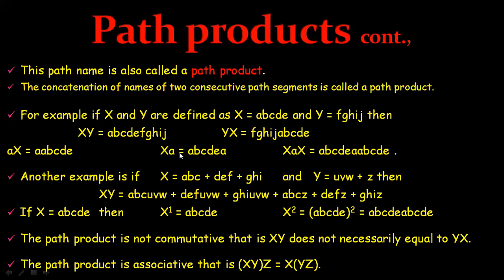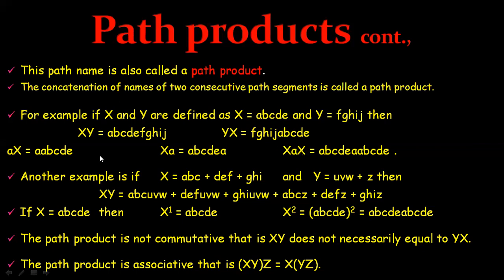If it is xa, then we end with the small a at the end: a, b, c, d, e, a. And in between it would be a, x, a.